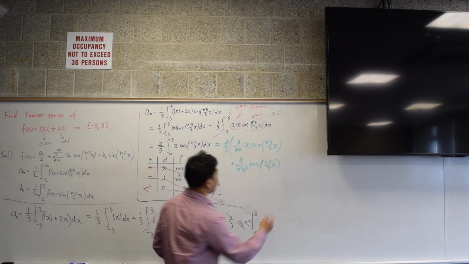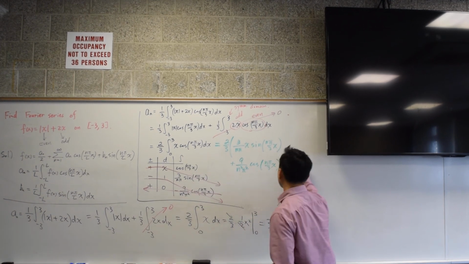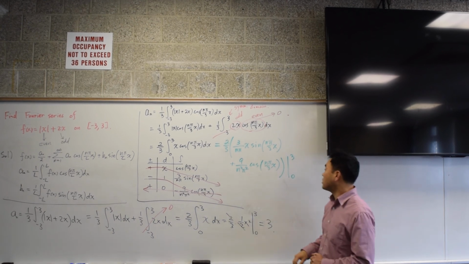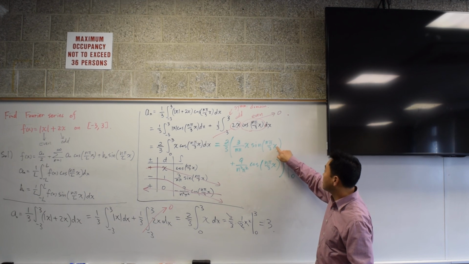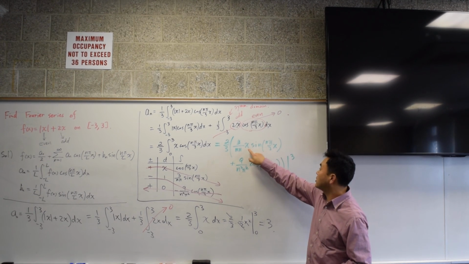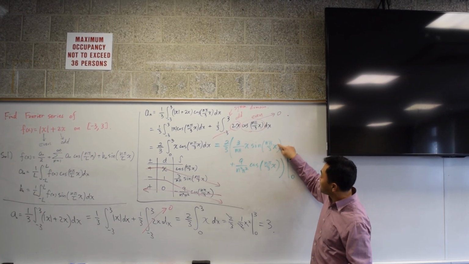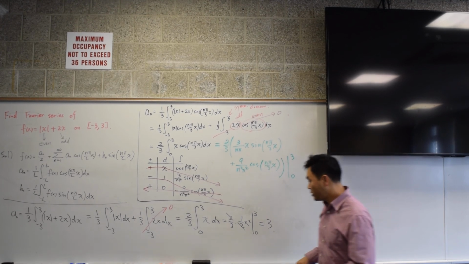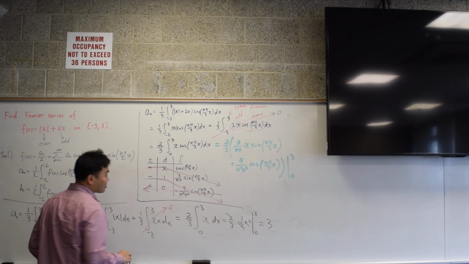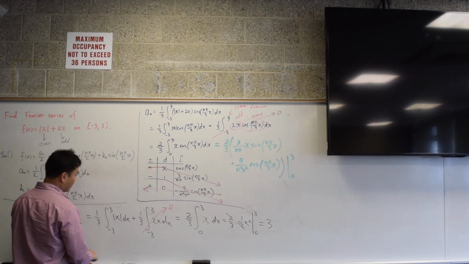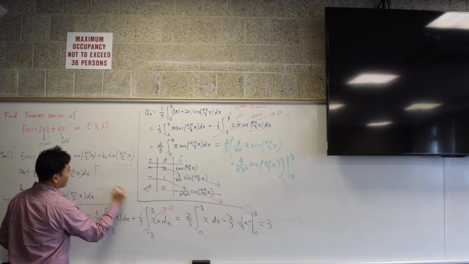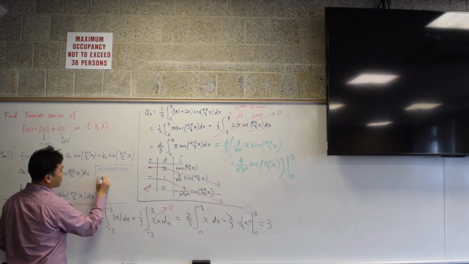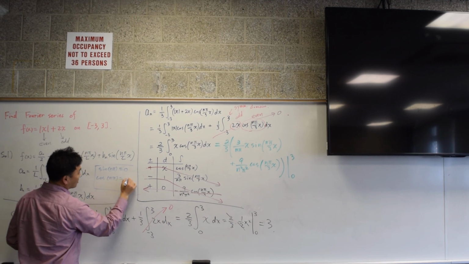Okay. And then to this, I have to plug in the endpoints, which are 3 and 0. First, if I plug in 3 to here, what do I get? 0, because if I plug in 3 here, the 3 and 3 cancel, leaving you with sine n pi. And please, let's not forget these two important things: sine n pi is 0, and cosine n pi is negative 1 to the nth power.